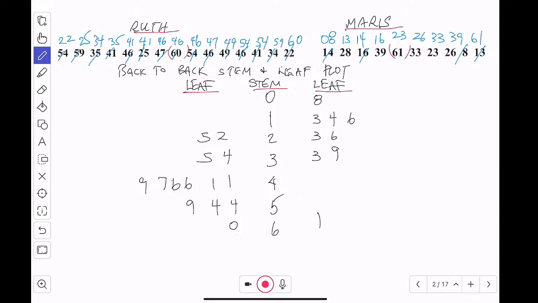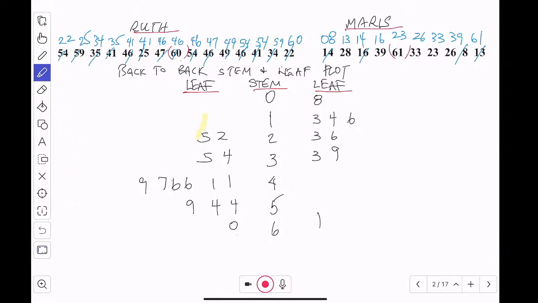So what do we see? Now we see this back-to-back stem and leaf plot shows, well, it gives us a way to compare the two distributions very neatly.